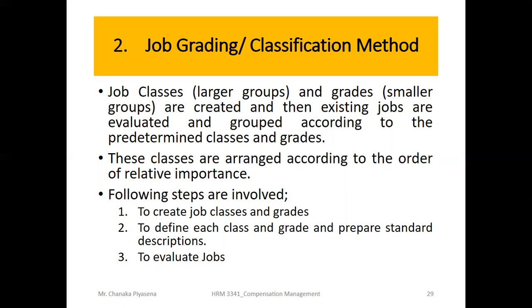Under the 2 types, there are 4 methods of job evaluation: qualitative and quantitative. Under the qualitative methods, there are 2 methods: job ranking and the job grading and classification methods. Now we are in the job grading and classification method.